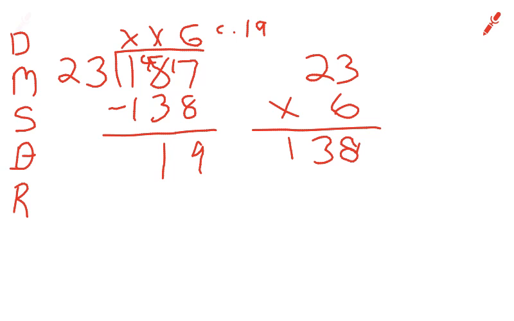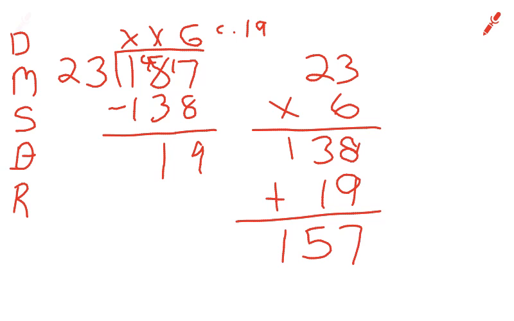Now I also need to add my remainder, plus the 19. And that gives me 157. If this number is the same as the number that we started with, it's good. That means it checks. And we need to circle our answer of 6, remainder 19.